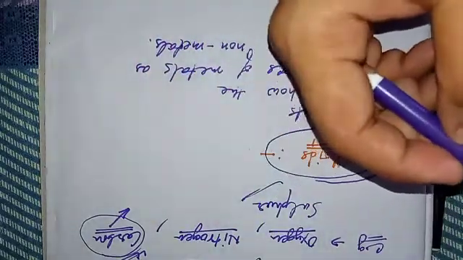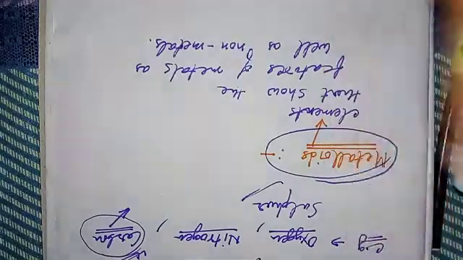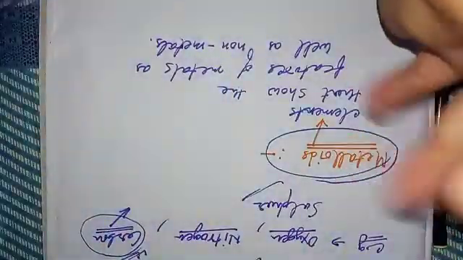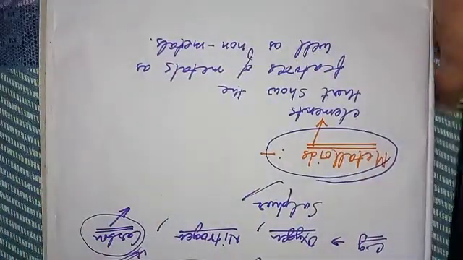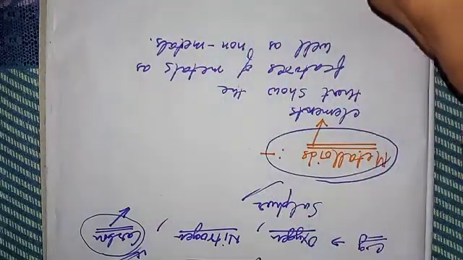The mobile phone which we are using for studying and learning, the internet, everything, the electronics industry will collapse without metalloids, because computers and all other electronic gadgets and devices are made up of these metalloids.